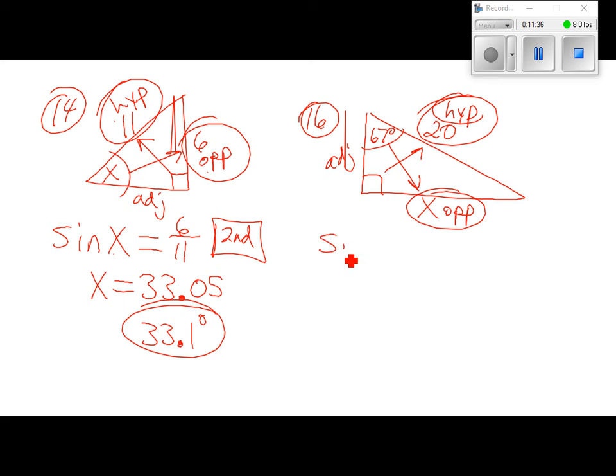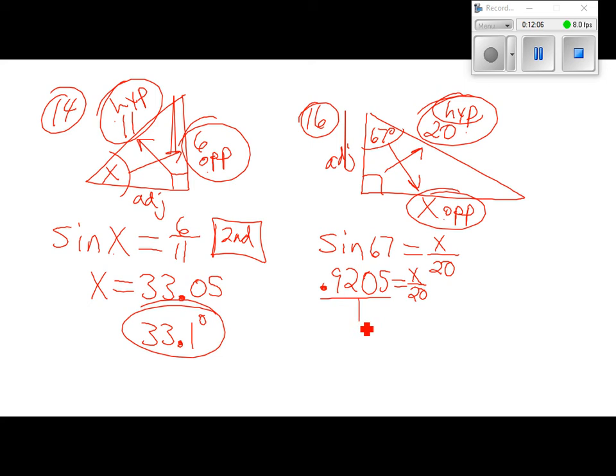No reason that I picked both these to be sine. So we do the sine. This time we know the angle, so it's sine of 67 equals opposite over hypotenuse, so x over 20. You grab your calculator and you find the sine of 67. Don't hit second this time. We just find the sine of 67. You get 0.9205 equals x over 20.